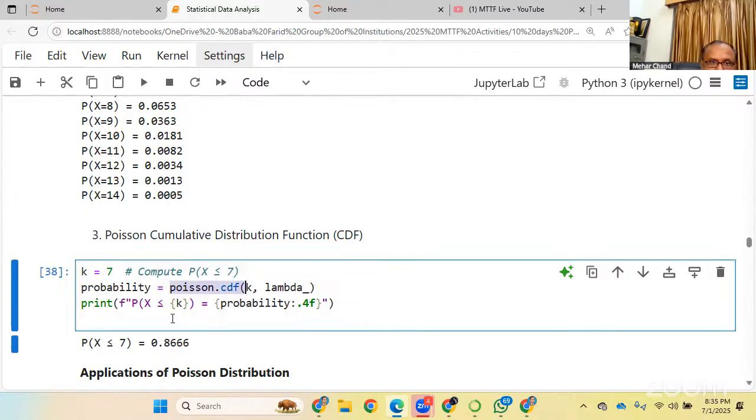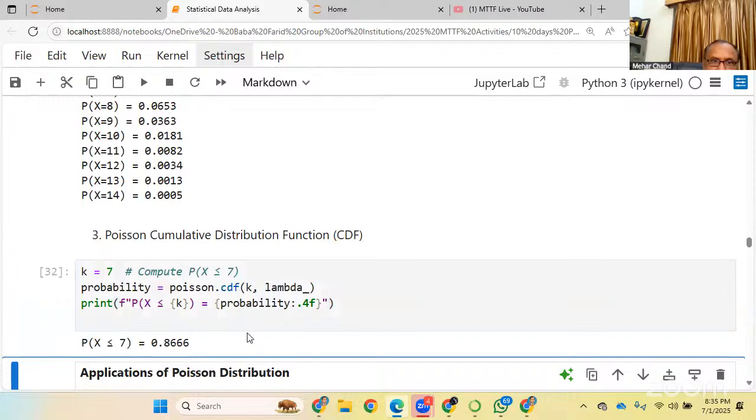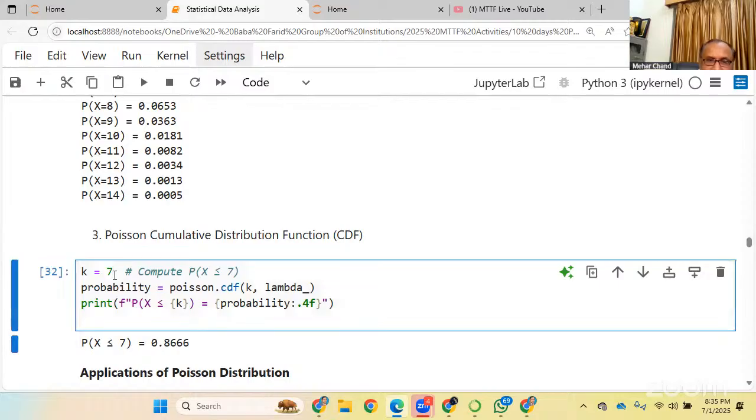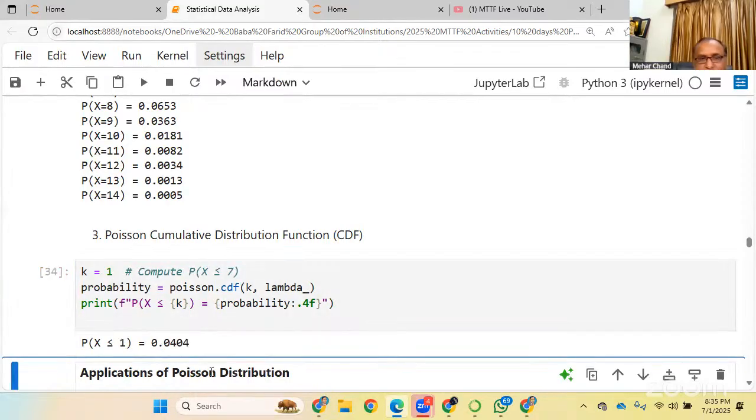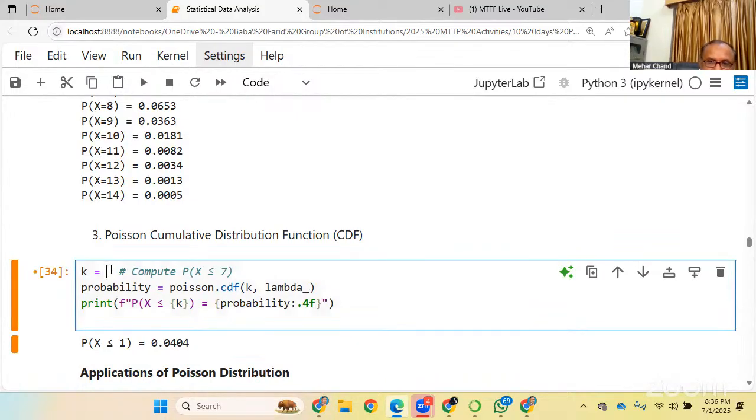So when you execute, the probability when x is less than or equal to 7 is 0.8666. If you take 1 at its place, this will compute when x is less than or equal to 1, which is 0.404.